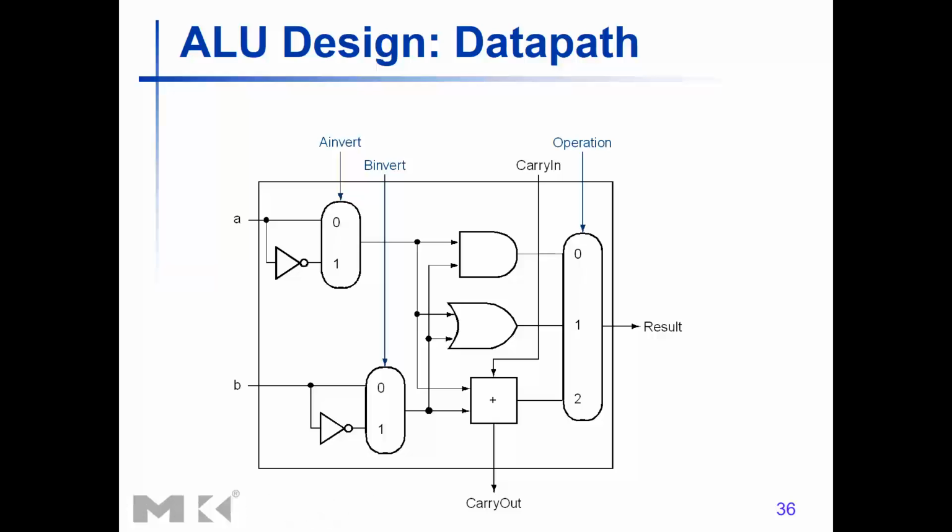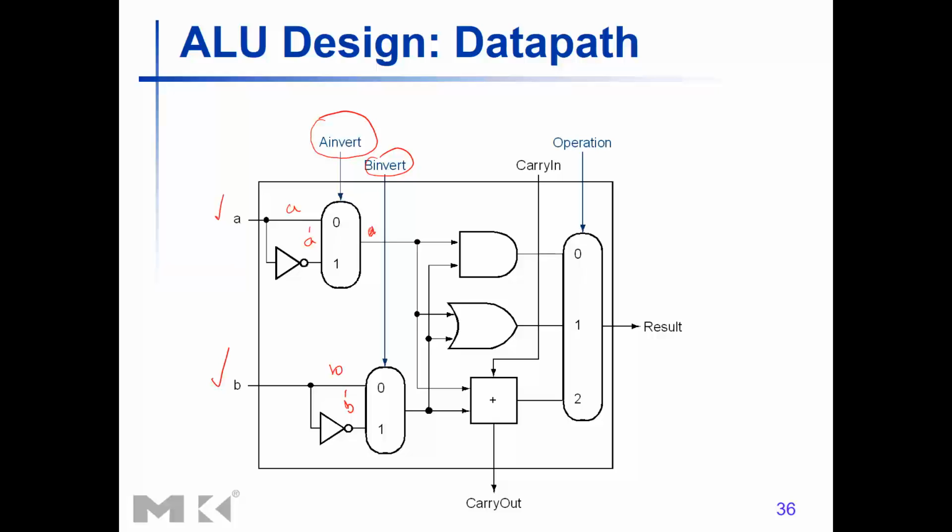Now finally we have this example of an ALU, a simple ALU, where we have single bit A and single bit B. They go through a multiplexer which has a control signal that allows us to select between A or A prime, and another control signal which allows us to choose between B and B prime.